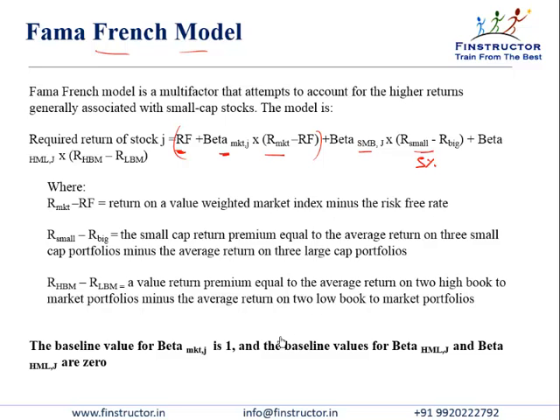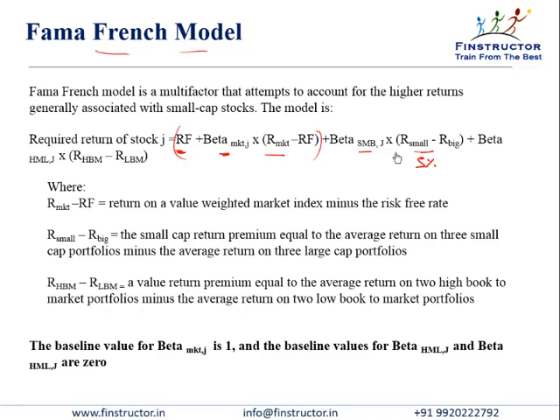So the baseline value of this beta would be 0. So the return not only depends on your market risk, it also depends whether you are a small company or a big company. Generally small companies outperform by about 5%. So depending on whether you are small or big, your required return will be higher or lower.